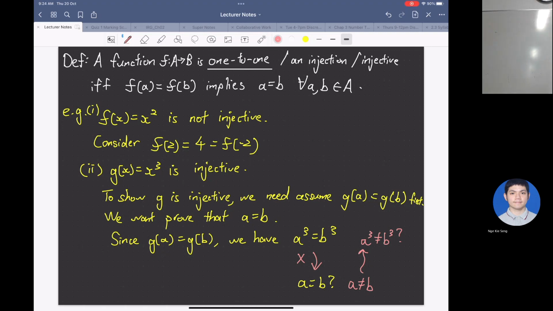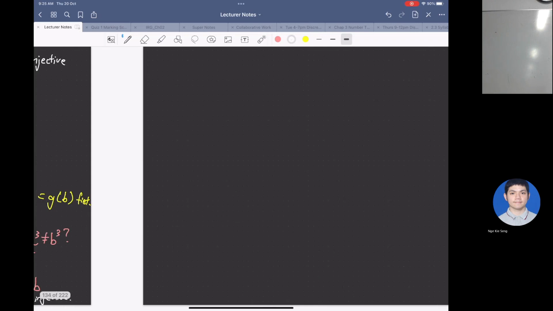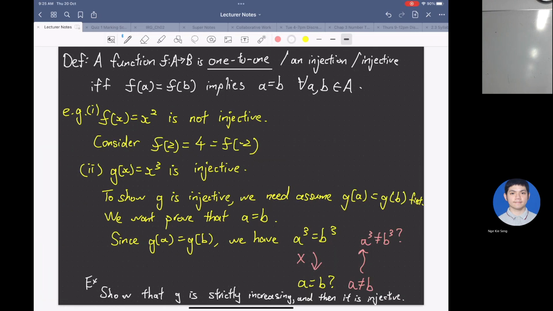But my way is to show that g is increasing, and then it is injective. So what's strictly increasing? I will introduce the definition of strictly increasing now. And then from strictly increasing, you can show that it is one-to-one.